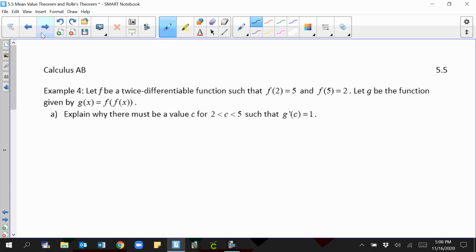And we know that because g is just a composition of our function f, and it says that f is twice differentiable. So if it's differentiable, that means it has to be continuous.